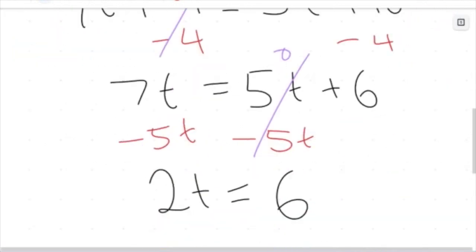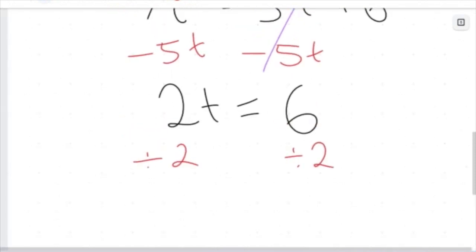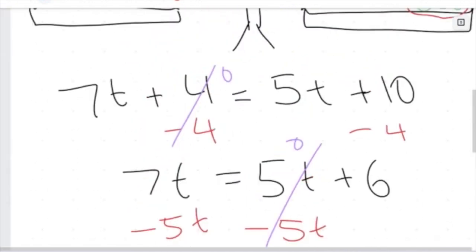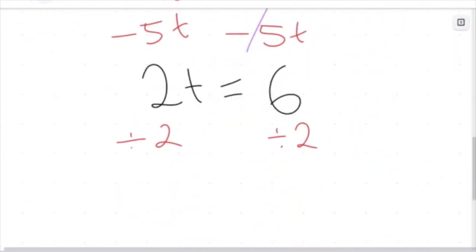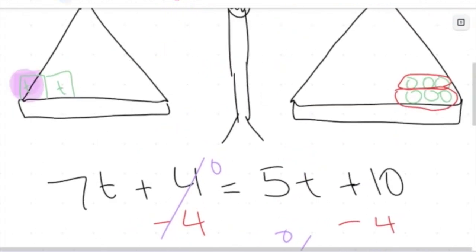So I'm dividing by 2, I'm dividing by 2. When I divide that into 2, in each of these boxes there will be 3 marbles. And let me color code that so you can see that here as well.